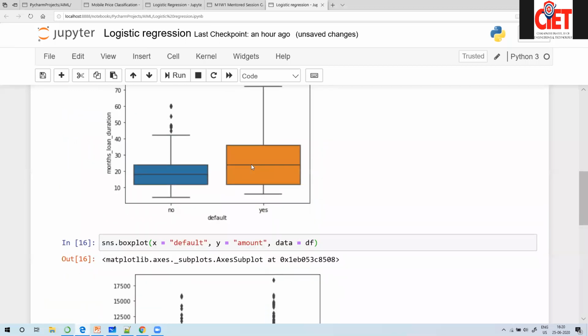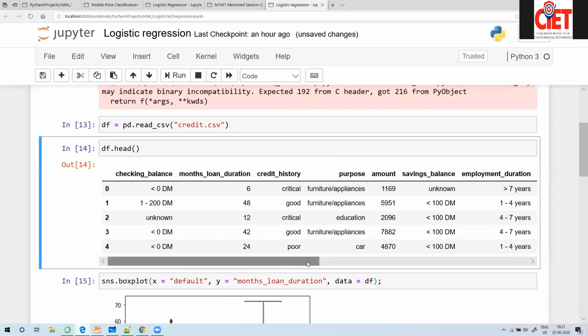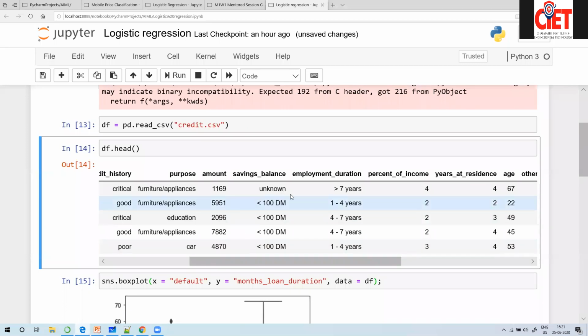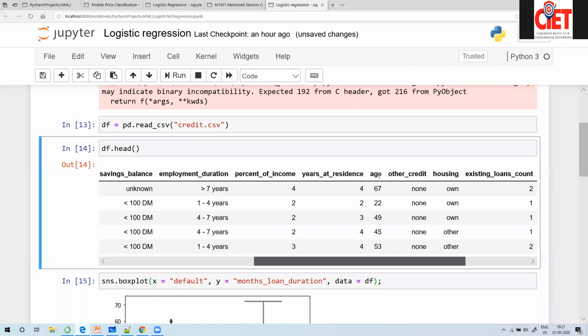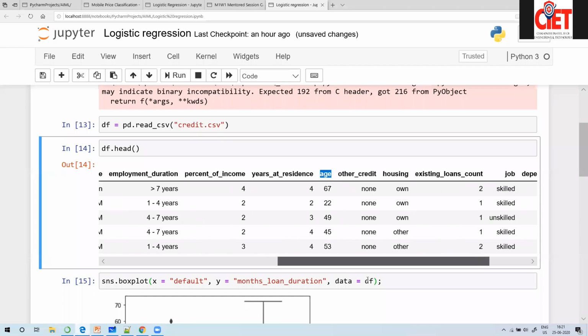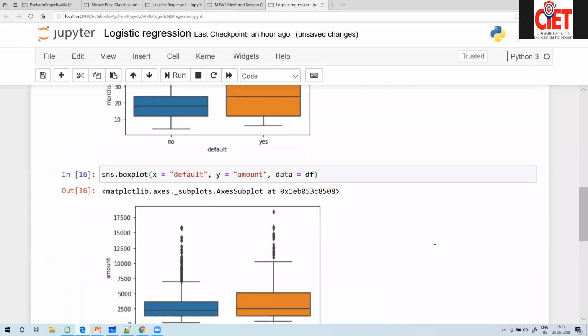And what other variables can we use? Purpose I am not going to use because it has a lot of values. Savings balance I am not going to use. Age, dependents and housing. Those are the ones I'm going to use. You may ask, how do I know?